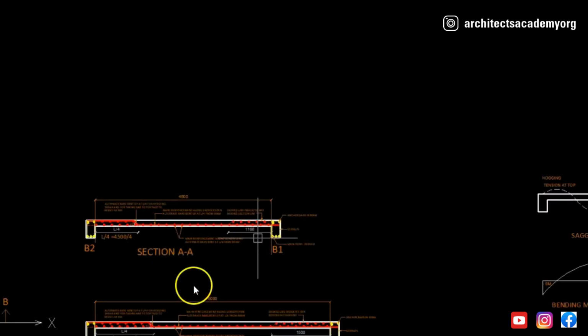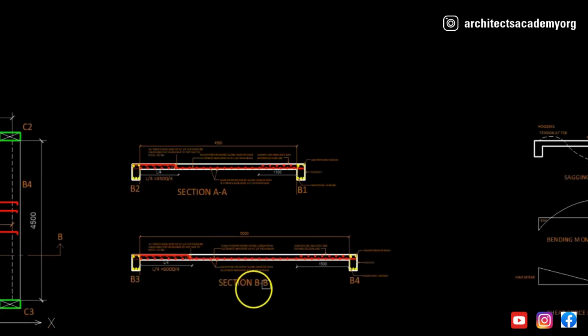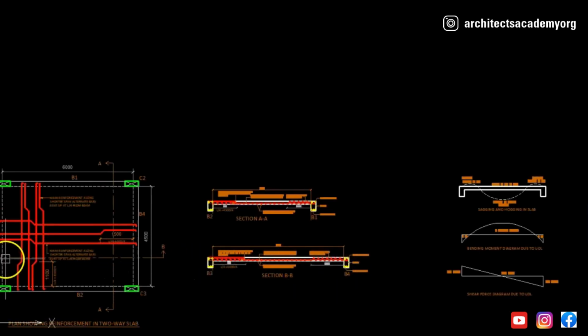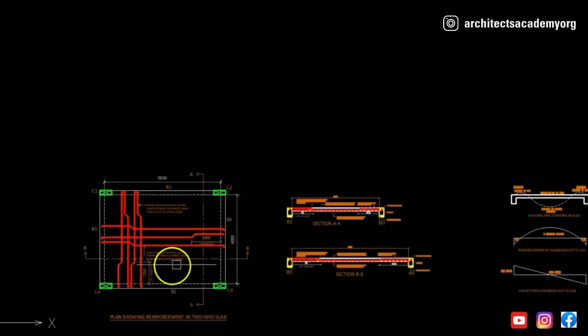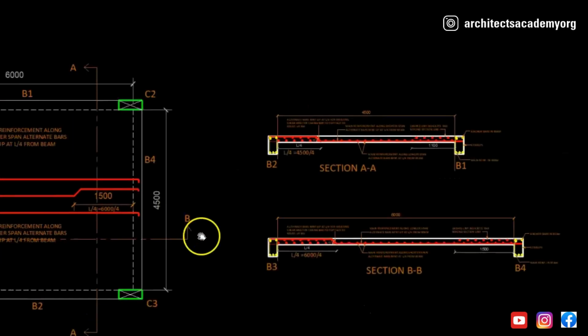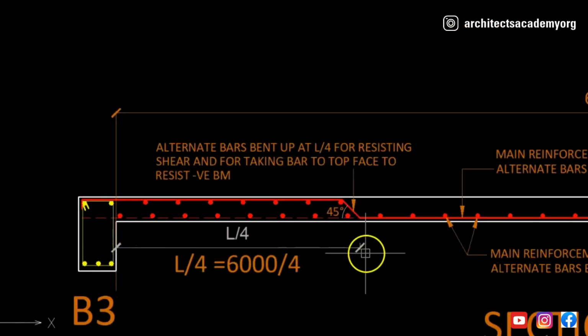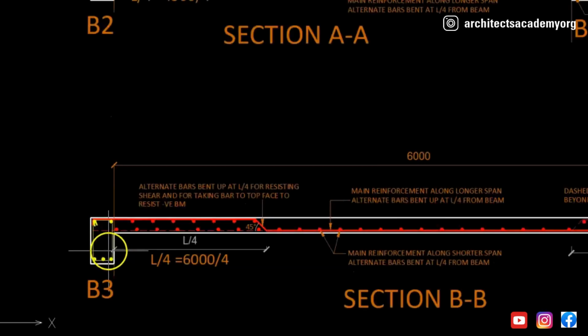Now a similar section will be seen along the section line BB, as you can see here. If we take a section along the BB direction, the section will be very similar to what you see along the AA direction. Nothing much has changed except for the distance of the bent up bar, which is now L by 4 of the longer dimension, that is 6000 by 4.